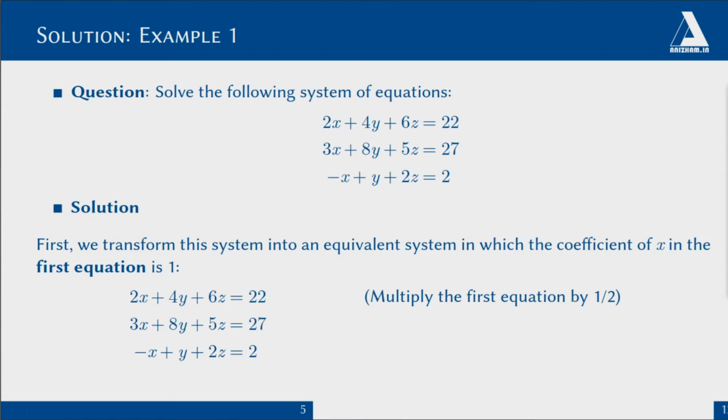What we do in this condition is, first we transform this particular system into an equivalent system in which the coefficient of x in the first equation is 1. In this system of equations, the coefficient of x in the first equation is 2.